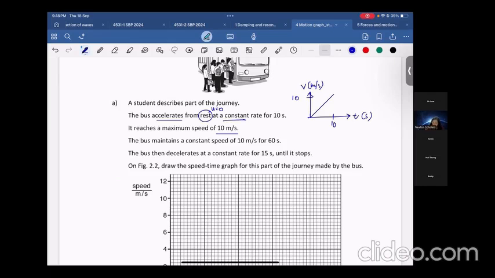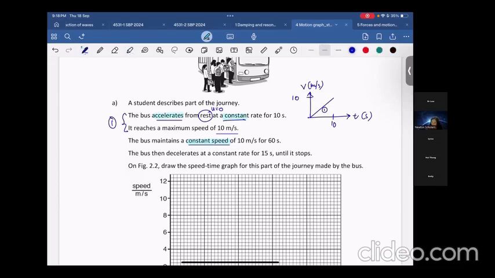So how? Okay, let me erase a bit forward. Okay, it's here. The first section is here. Second section, it maintains the constant speed. I highlight, accelerate constant. So now it's maintaining a constant speed.